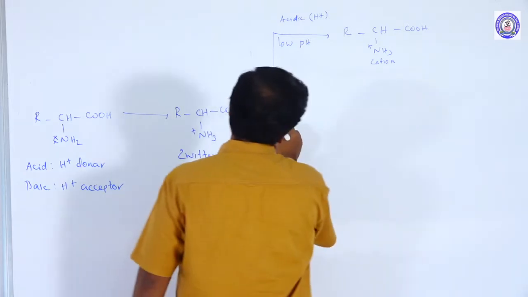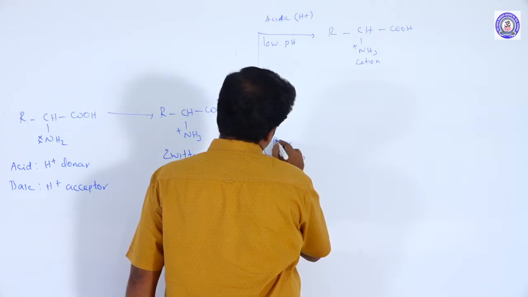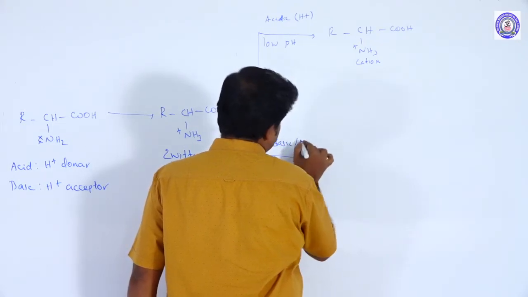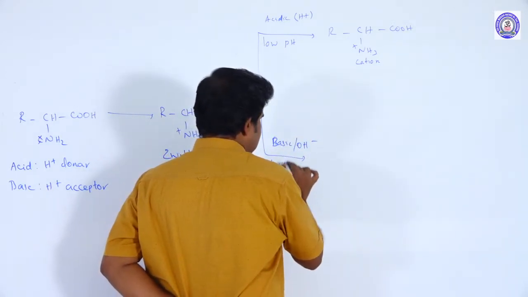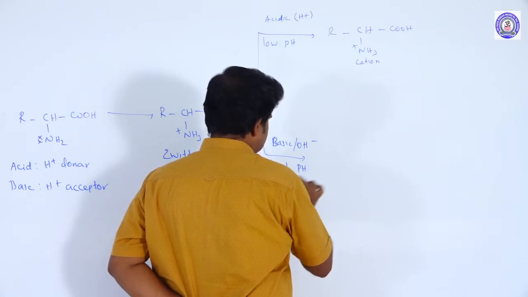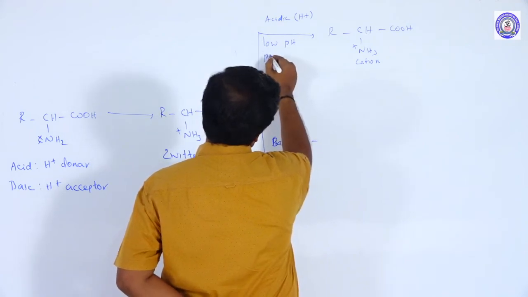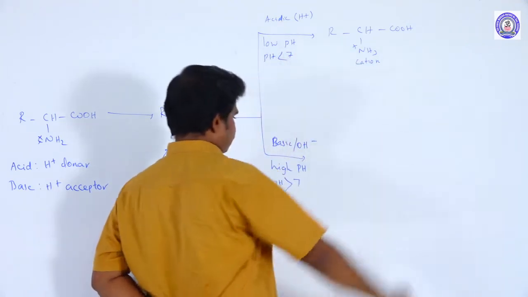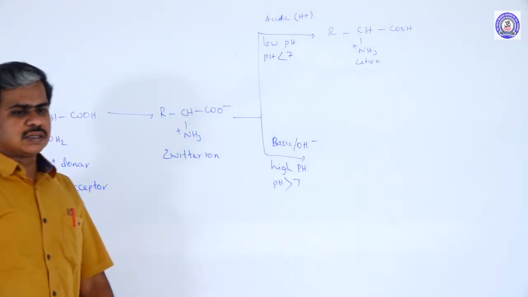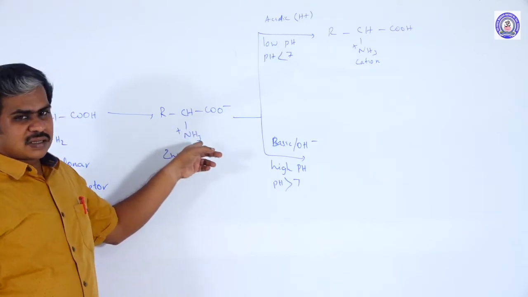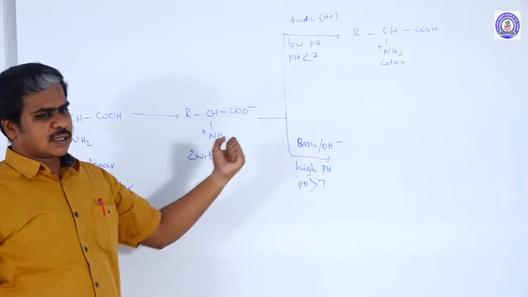Now, at high pH or in a basic medium, that is in the presence of OH minus, that is pH greater than 7, whereas in the acidic case pH is less than 7. At a high pH, in the presence of OH minus, NH3 plus donates a proton and OH accepts a proton.